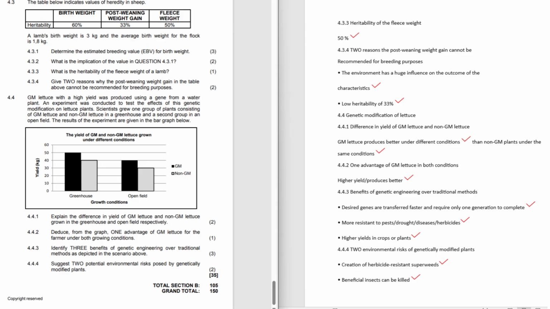4.4.1: Explain the difference in yield of GM lettuce and non-GM lettuce growing in the greenhouse and open field respectively. The GM lettuce has more yield in kg. It has an extra 10 kg in yield than the non-GM.